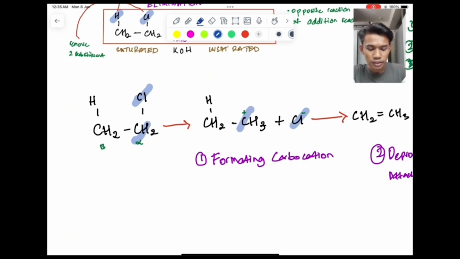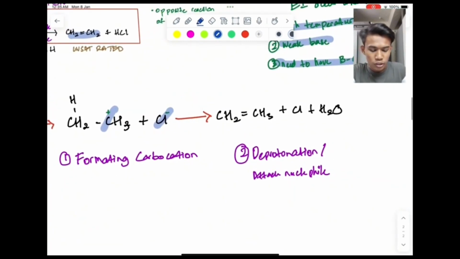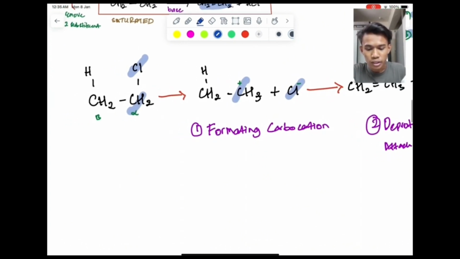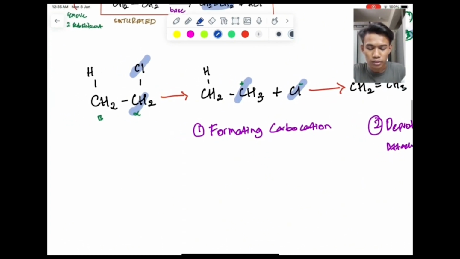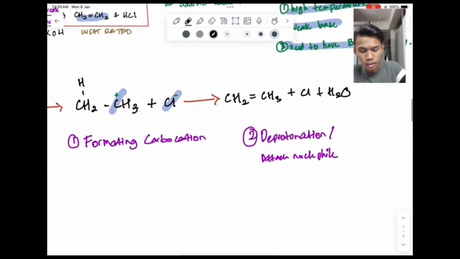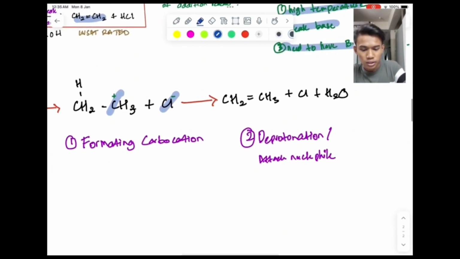Then we move to the next step, deprotonation or attack by the nucleophile. In this step, they have a Lewis base. So basically, in E1 reaction, we use a weak base. And as an example, I use hydroxide. Here, hydroxide will attack the hydrogen on the beta carbon, and it will form water here.